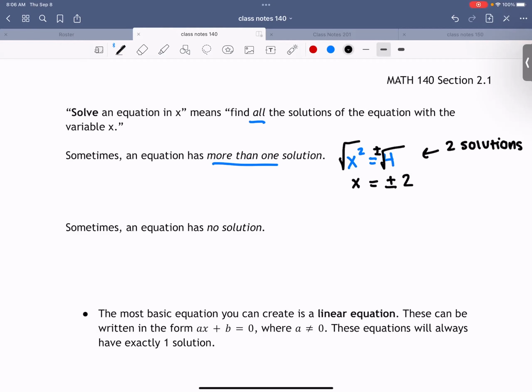Okay, I'll show you something else that you might see on your homework. What about this equation? 7 equals 7. How many solutions does this equation have? Not one. There's a little bit more than that.